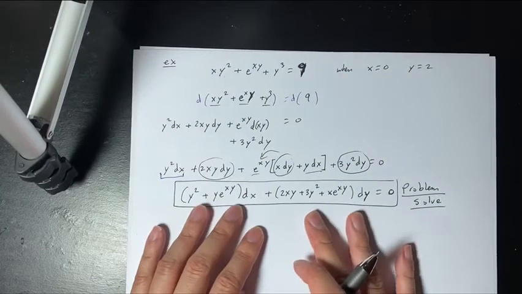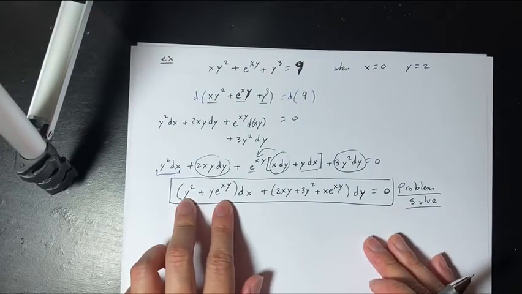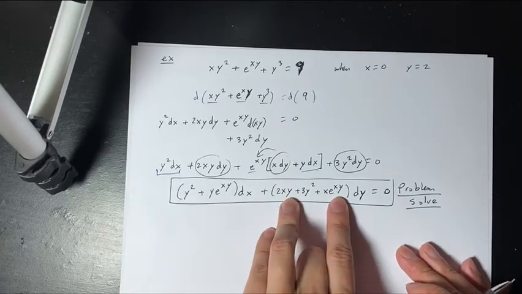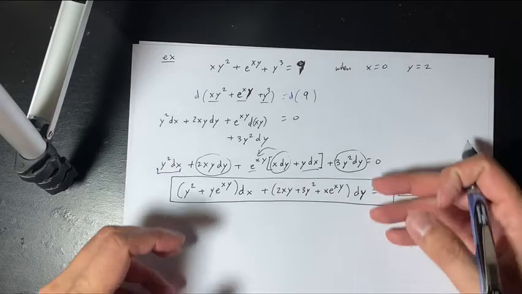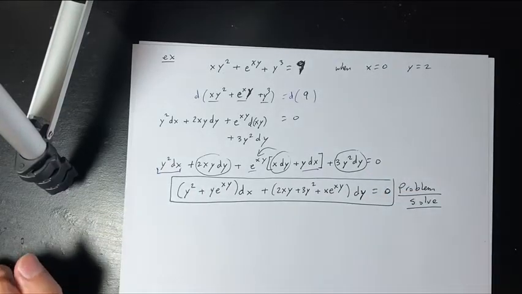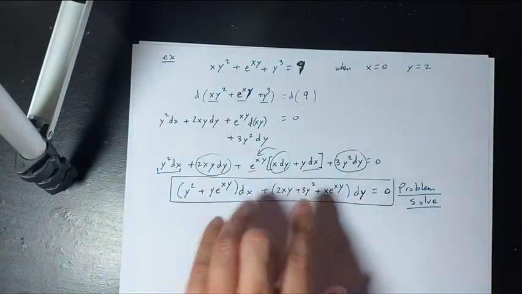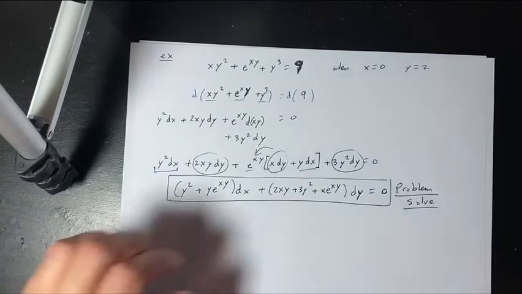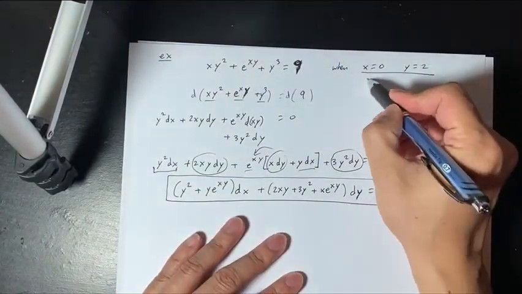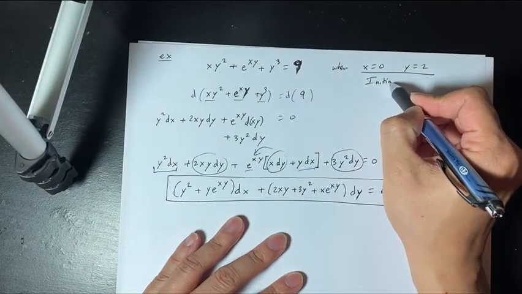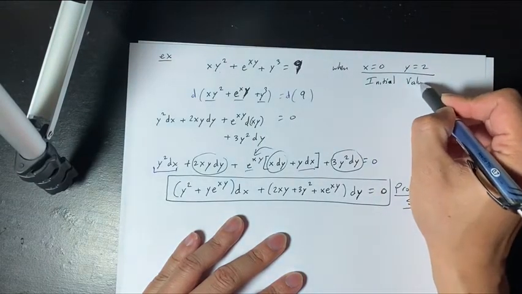So all I have to do is make sure that this is indeed the f sub x, and this is the f sub y, and we're going to integrate each one to figure out our f, and get back the original differential equation given this initial value.